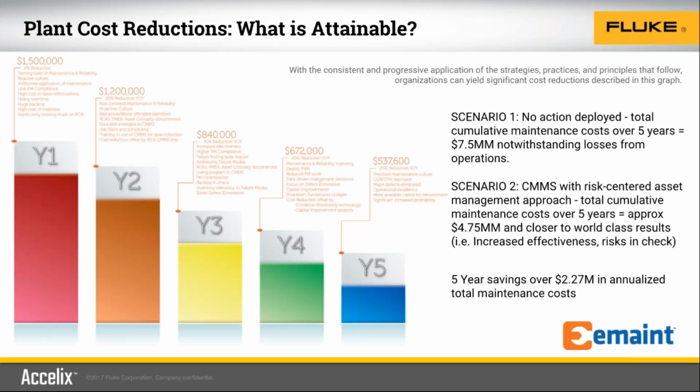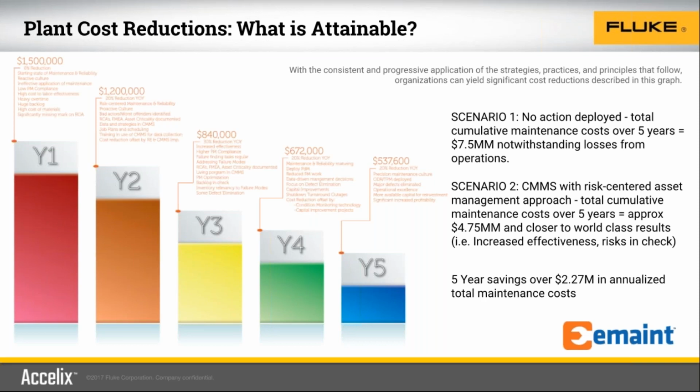So I'm going to move on, and let's talk a little bit here. I'm going to go through plant cost reductions, because that is really where we're driving at. So we're looking at what's attainable. So different scenarios here is if going this journey, so to speak, and we went from A to D in those slides, you have kind of a progressive approach towards world-class reliability.